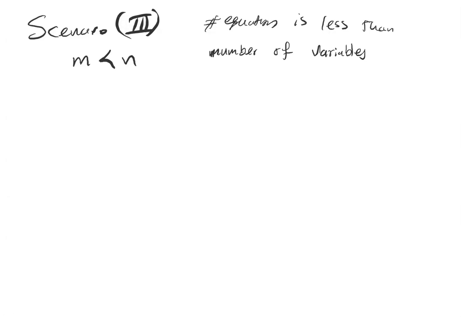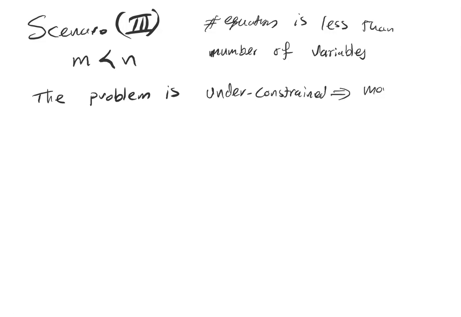All right. In this case, we say the problem is underconstrained. And what does that mean? It means more than one solution exists.